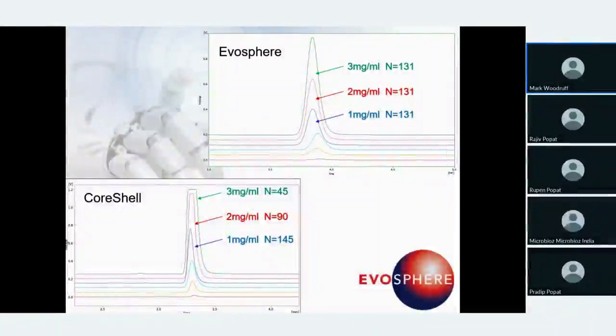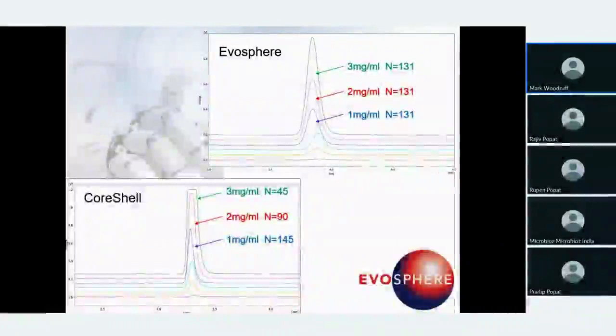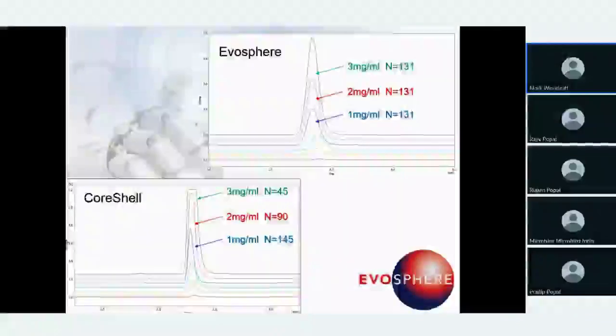One of the problems, though, is that you can't then take your method to scale up. So if you are passing on your method from that initial R&D, can I gain resolution between all my peaks? Can I find all my peaks? To people in the next department who want to do prep scale, you see that the core shells don't load up because of the very low surface area that they have by just utilizing the outer shell.